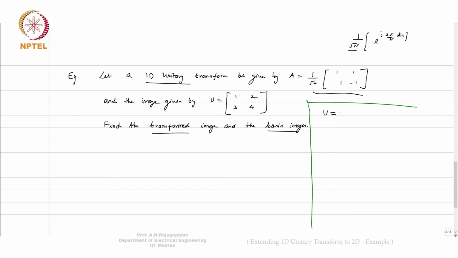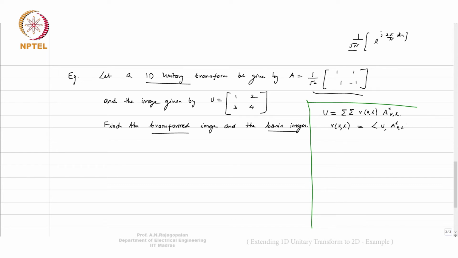So U is equal to, when I wrote the double sum of V_kl times A star kl, this is what I wrote. And V_kl is equal to the inner product of U with A star kl.